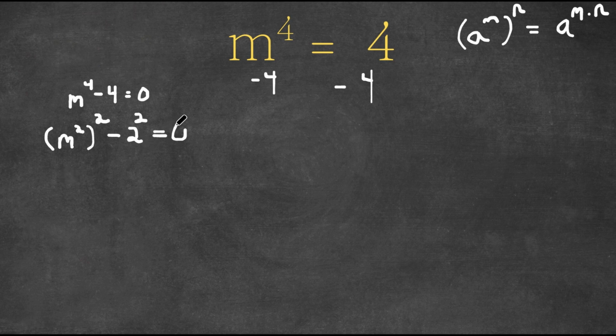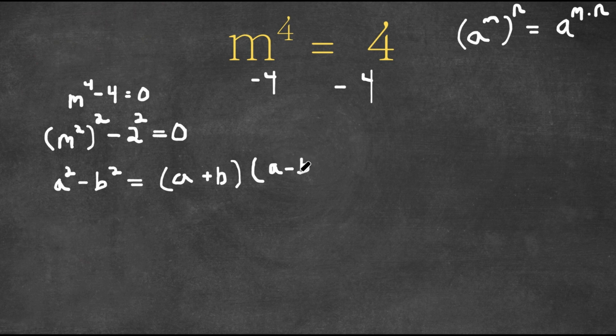Now, if we have something in the form a squared minus b squared, this is actually equal to a plus b times a minus b. So in this case, a would be m squared, and b would be 2.